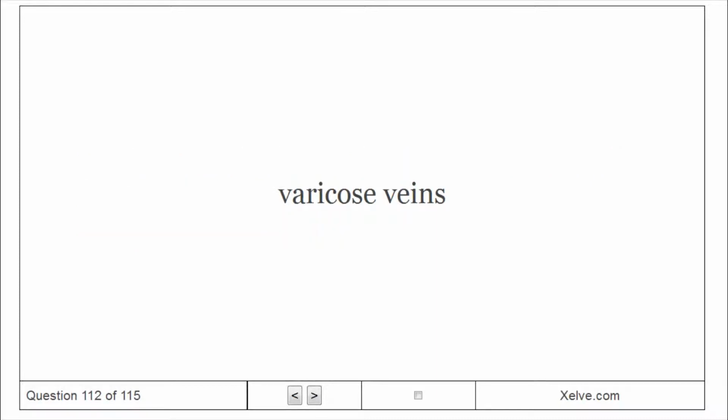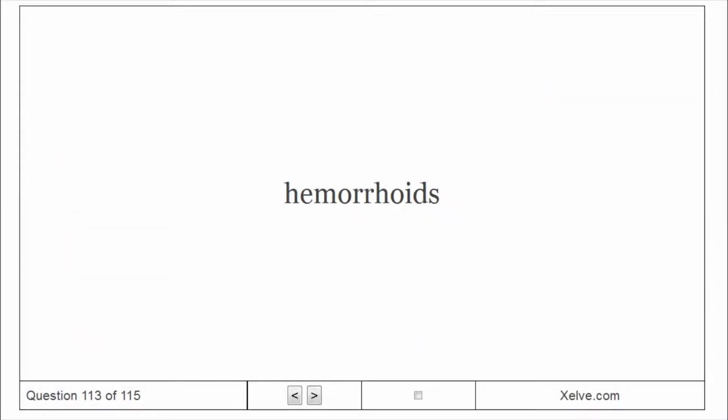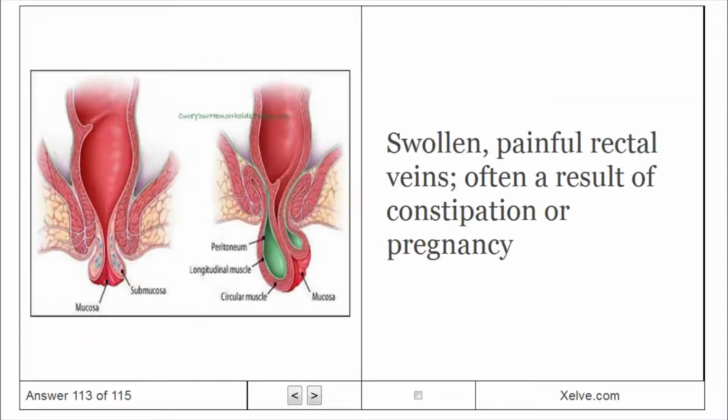Varicose veins, abnormally swollen, twisted veins with defective valves, most often seen in the legs, can be caused by excessive standing, pregnancy, diabetes, high blood pressure. Hemorrhoids, swollen, painful rectal veins, often a result of constipation or pregnancy.